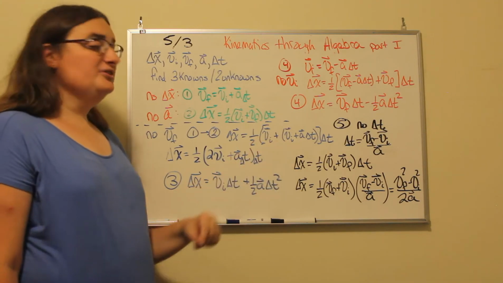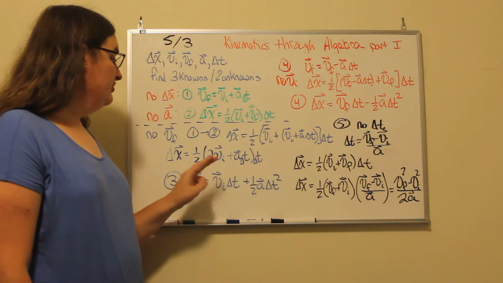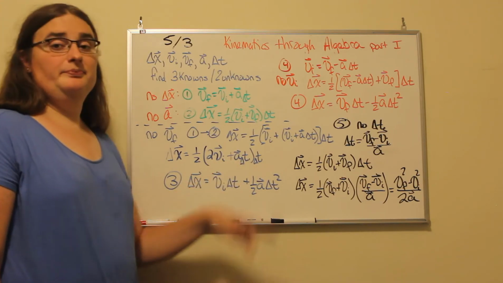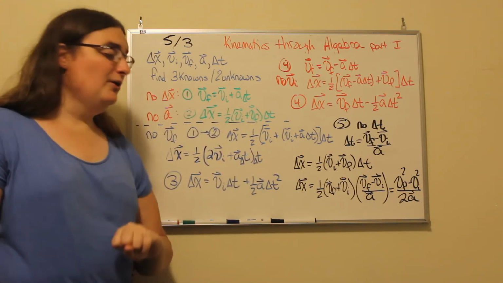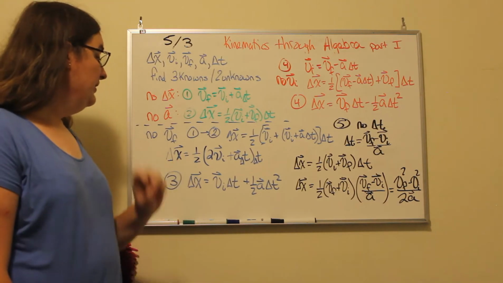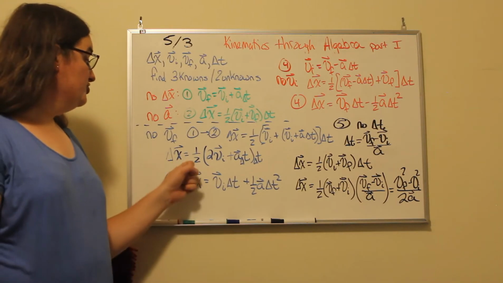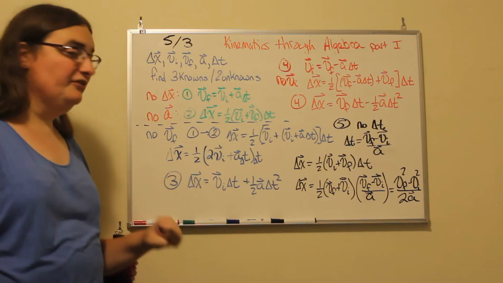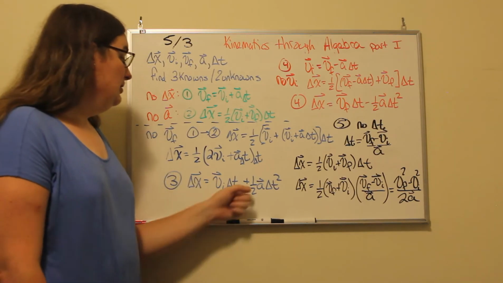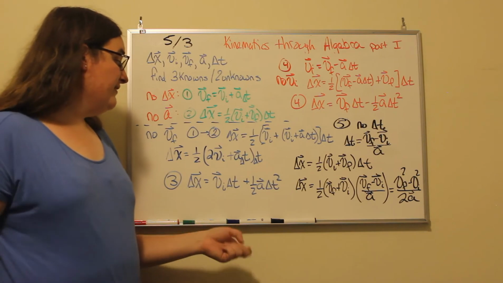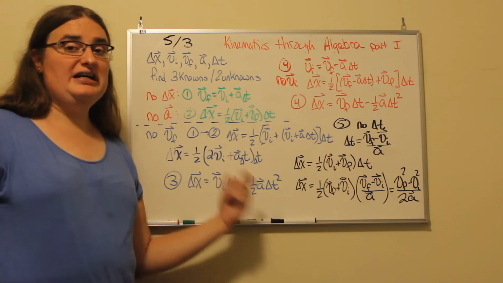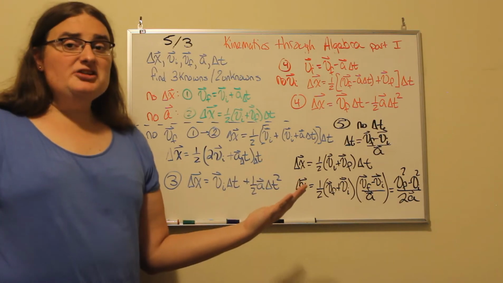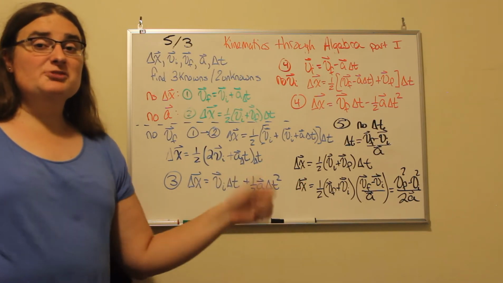Well, v initial plus v initial gives me 2v initial plus acceleration times time, and then that quantity gets multiplied by time and by 1/2. So 2 times 1/2 means my displacement would be my initial velocity times time plus 1/2 times my acceleration times time squared.